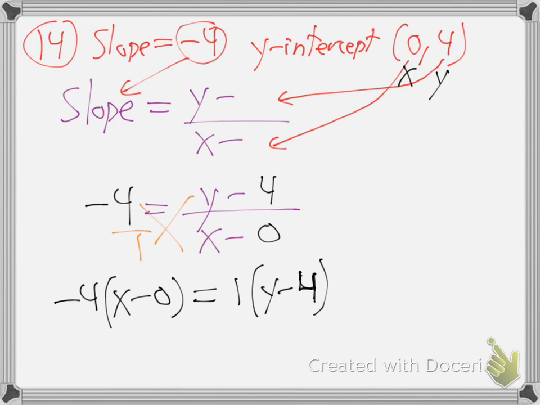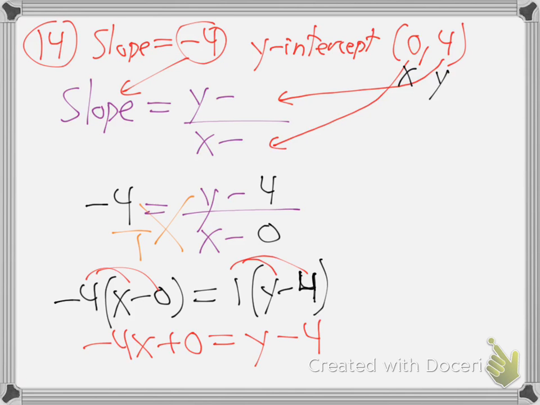Like that. And we distribute. So minus 4x plus 0, distribute here, y minus 4. Am I going too fast? Is that good? I'm just taking this minus 4 times x, and then minus 4 times 0, anything times 0 is just 0. And then 1 times y minus 4 is just y minus 4.